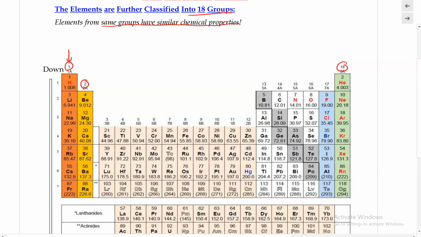So group 1 is actually called the alkali metals. Some of these groups have special names. Group 1 elements are called the alkali metals.